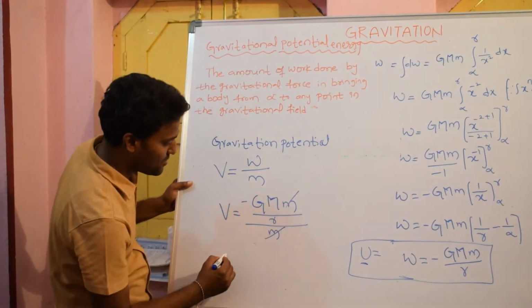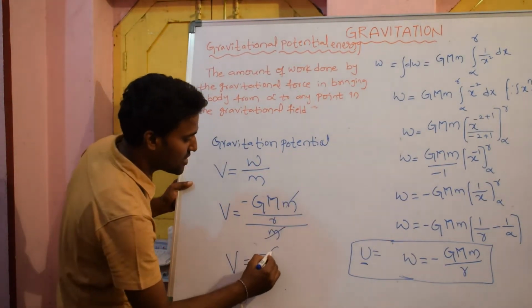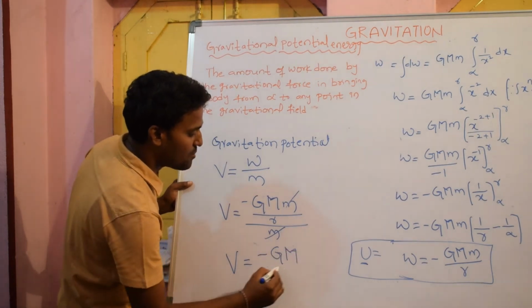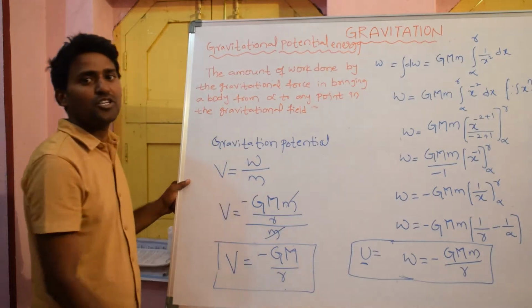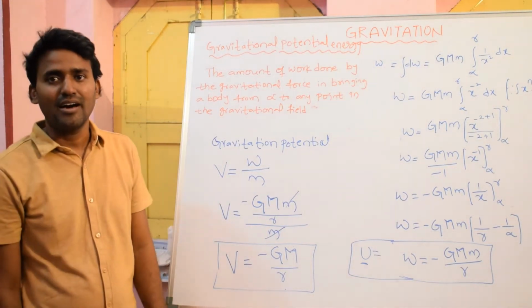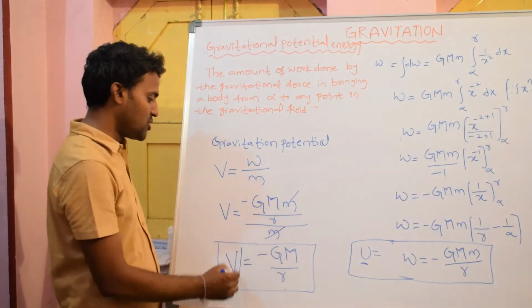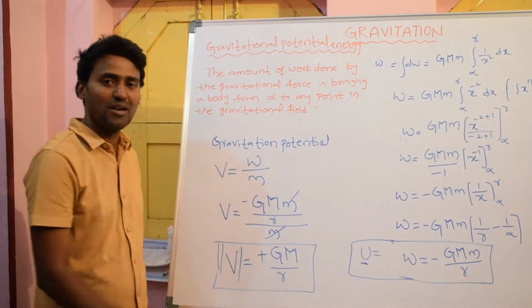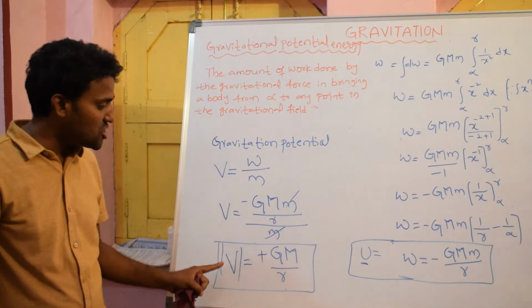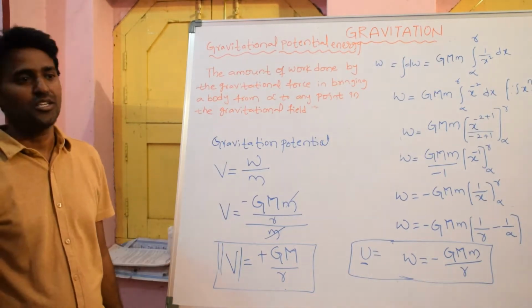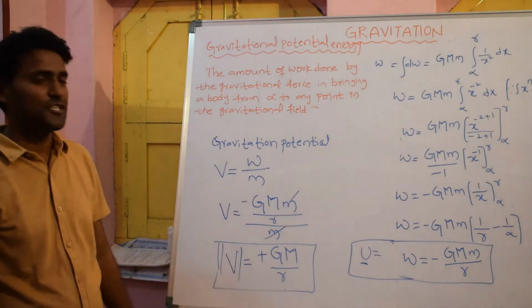Small m gets cancelled, so V is equal to minus GM by r. So the gravitational potential equation is minus GM by r. If you take the scalar magnitude, this is nothing but plus. So that is the gravitational potential energy equation and the gravitational potential equation.